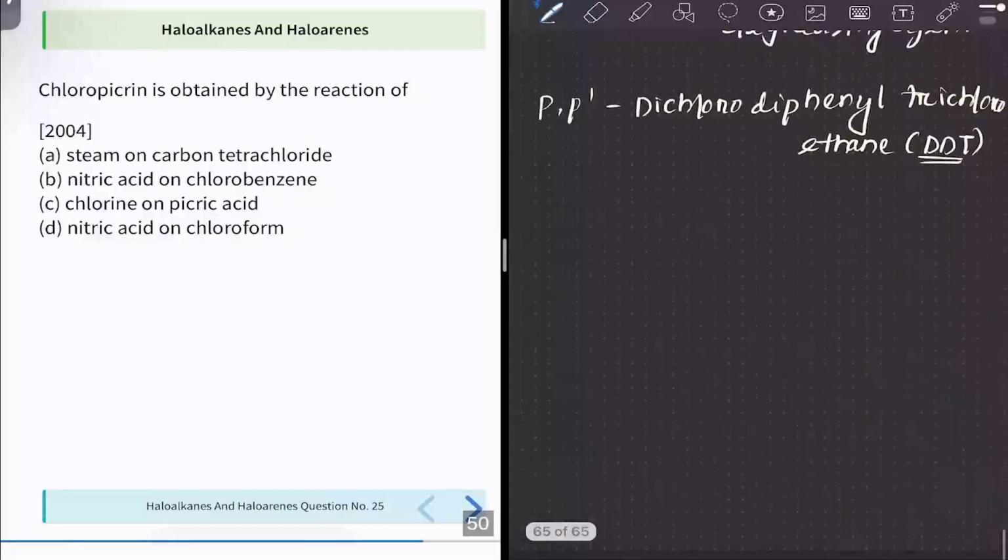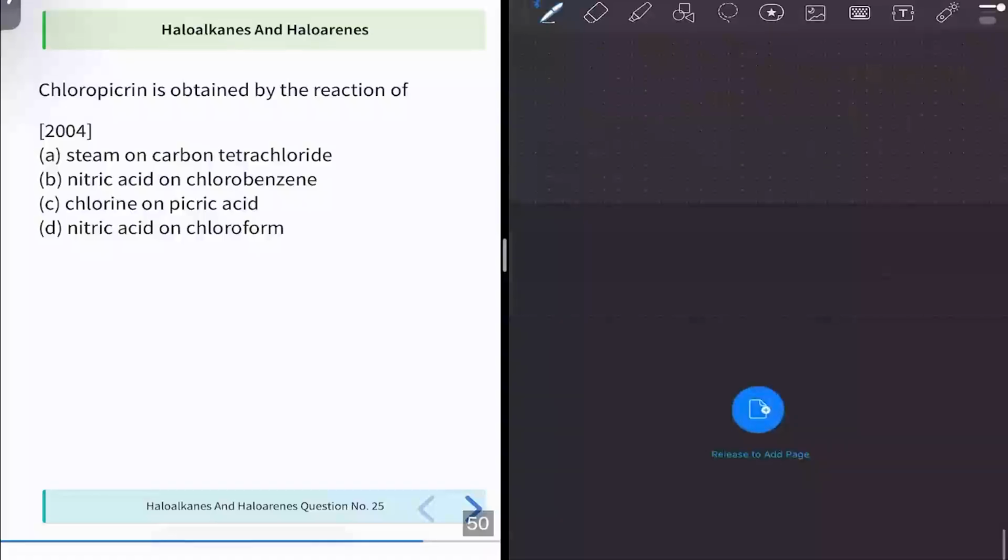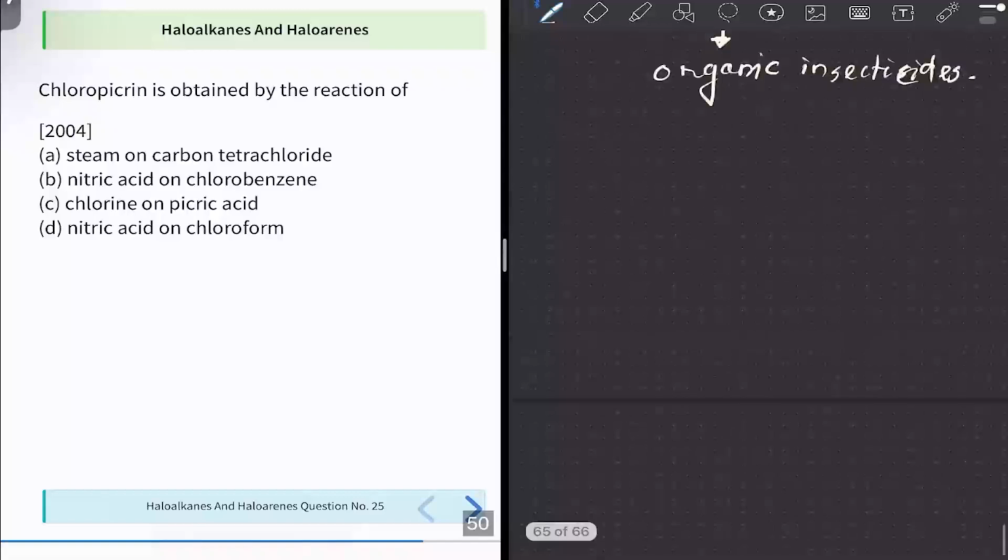Before the banning, it was used as an organic insecticide.